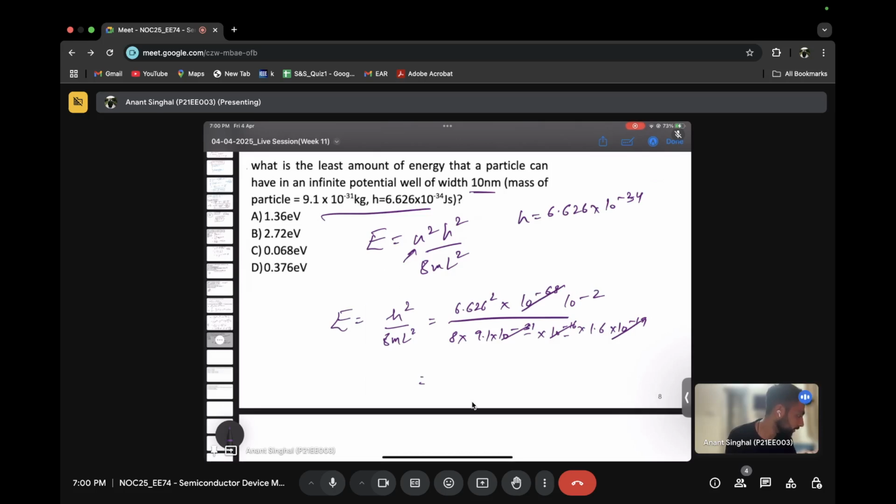So it is 6.62, you can also use calculator. 0.439 divided by 8, divided by 9.1, divided by 1.4. I'm getting a very low answer, I don't know. Okay, you try. I'm getting one answer, but that is quite low.